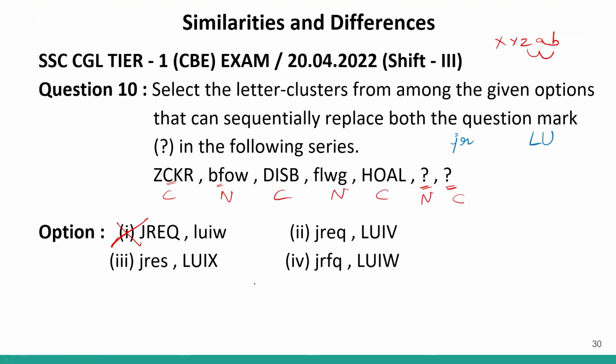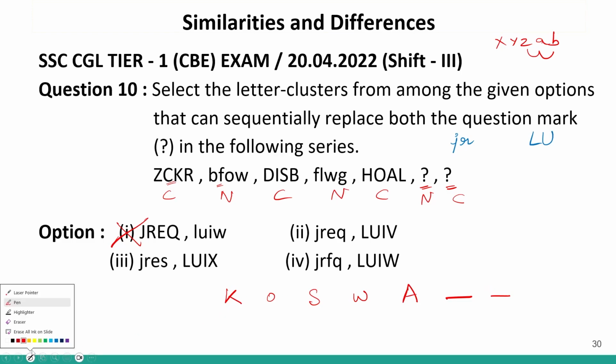So the third series is K, then small o, then S, then W, then A, and then two terms we have to find out. So K, if I look at the positions, K is 11, O is 15. Similarly, S is 19. This is 23 and this is 1.